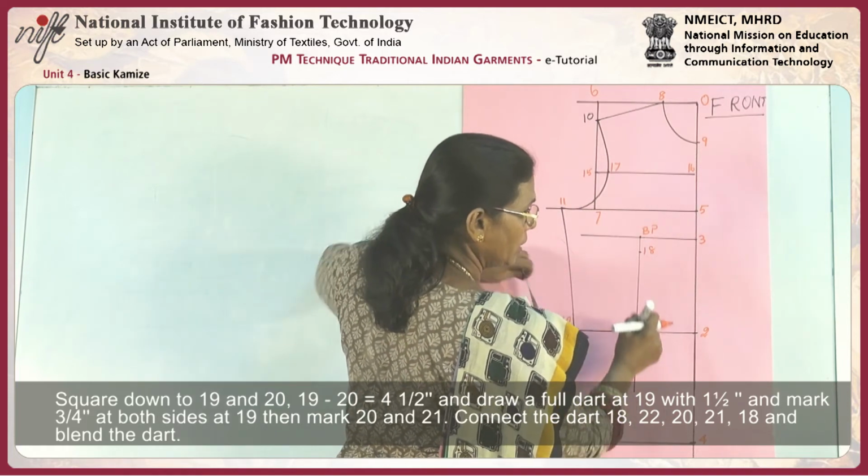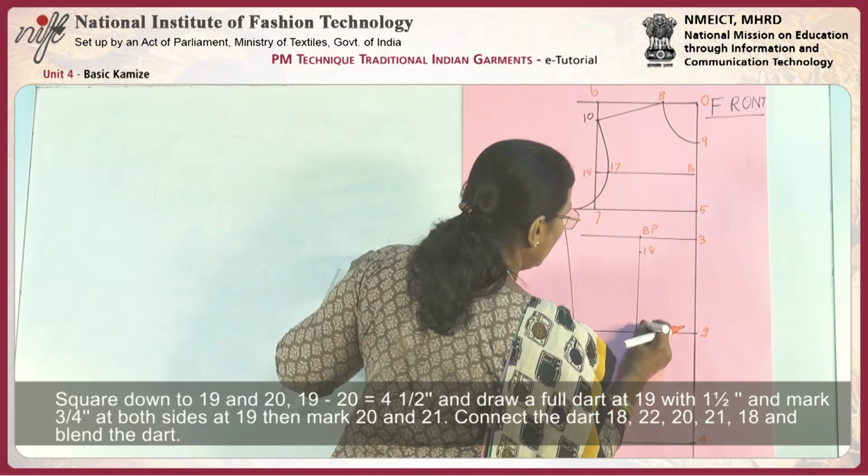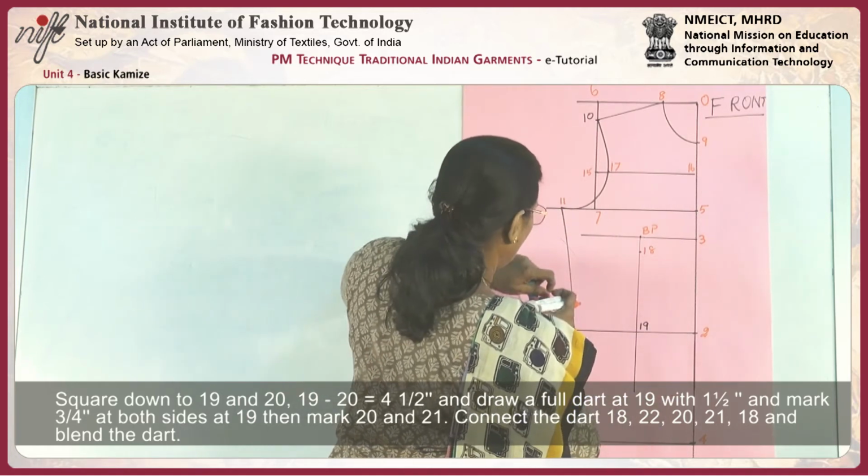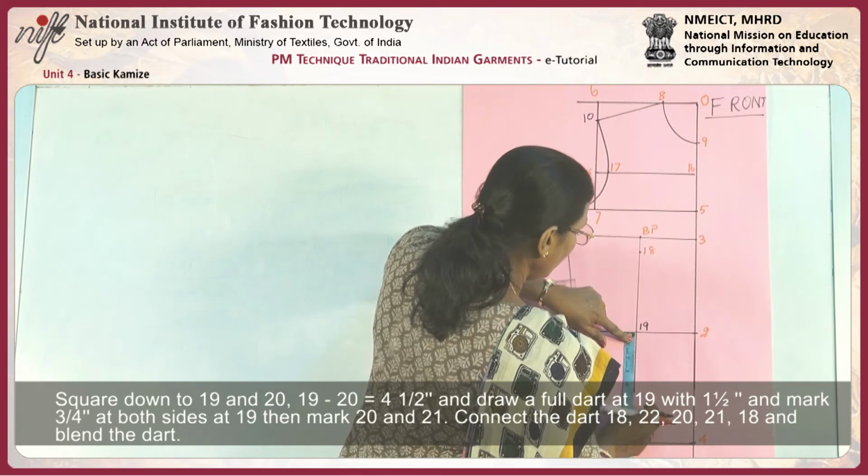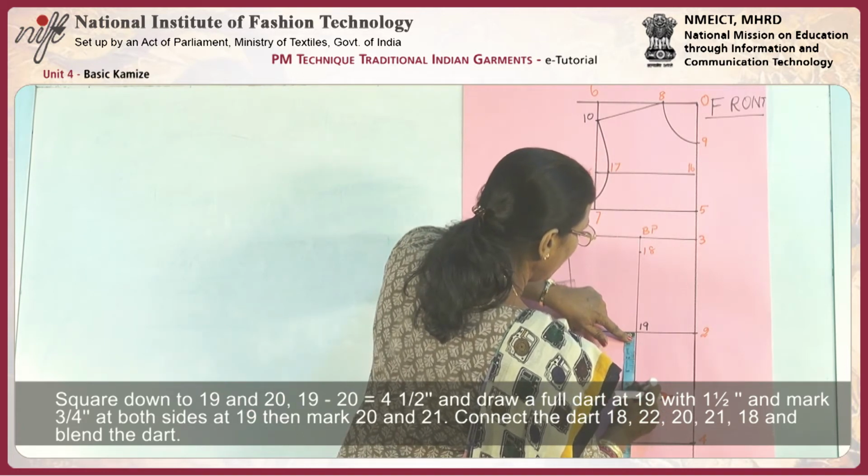And this point is squared to 19, 20. 19 to 20 is 4.5 inches.